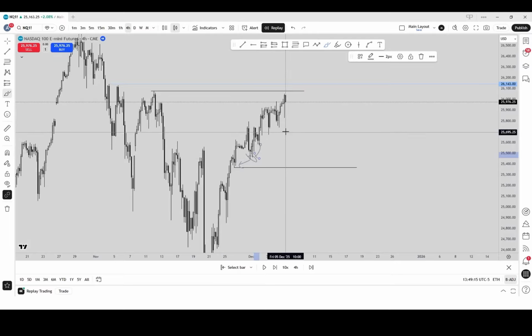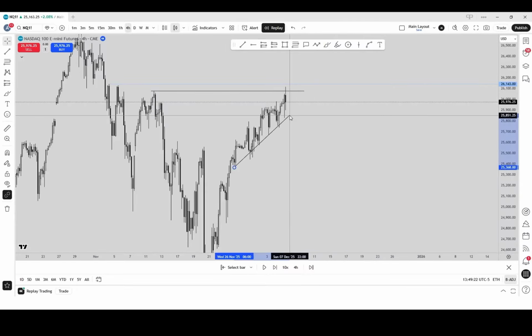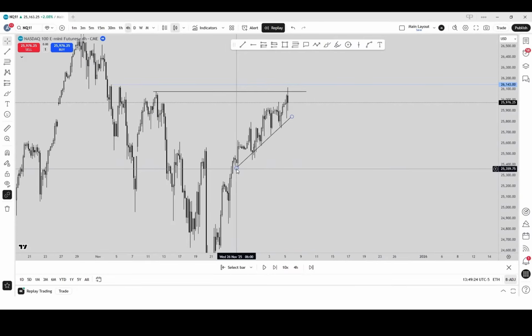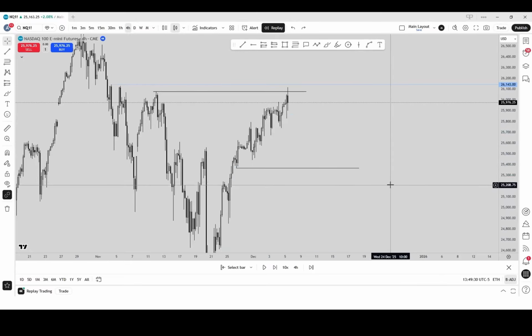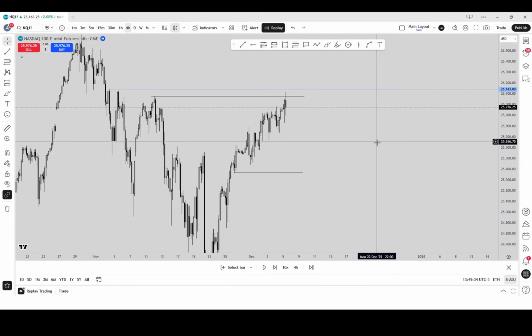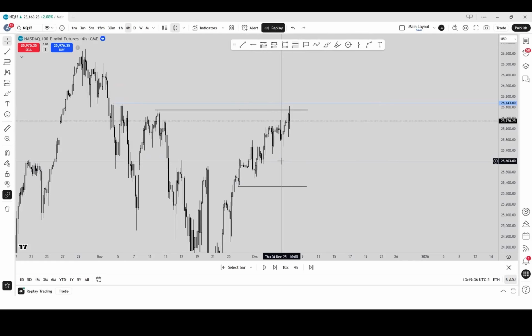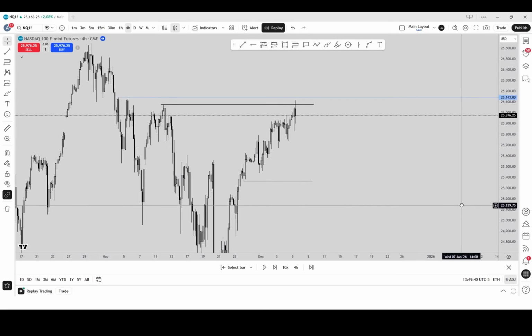Basically, we got a little staircase going up. Simple enough. A little trend line liquidity. You guys know I love trend lines. I'm joking. Anyways, so we have liquidity buildup over here. All of this right here is liquidity.